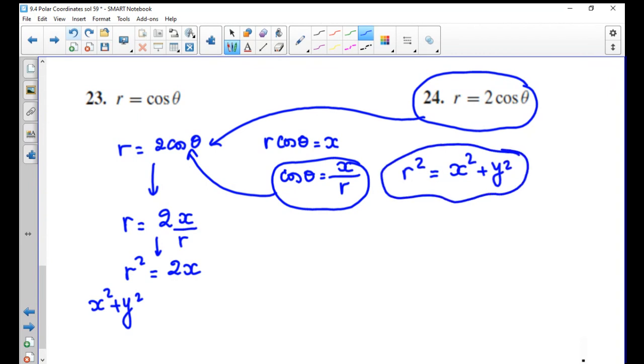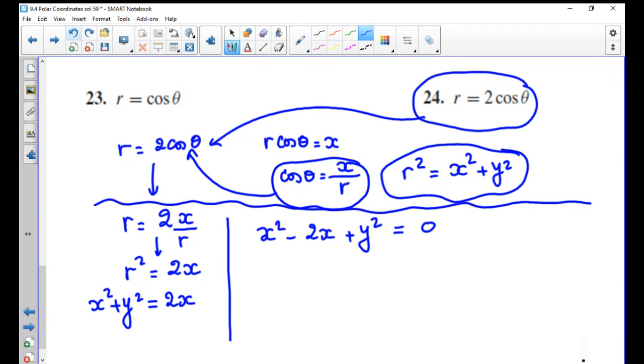So I will use it here, equal to 2x. Now, what do you think we should do here? We'll take the 2x to the other side. So that means x squared minus 2x plus y squared equal to 0.